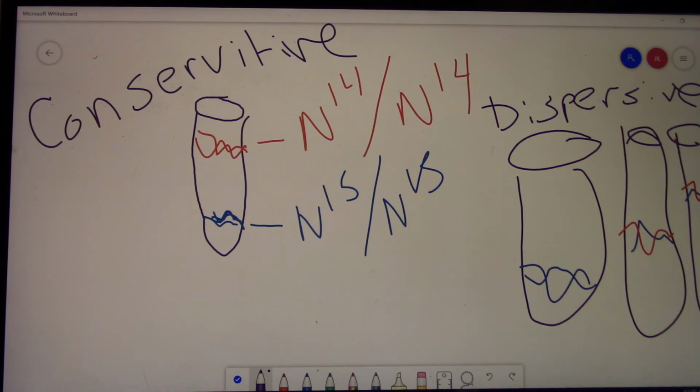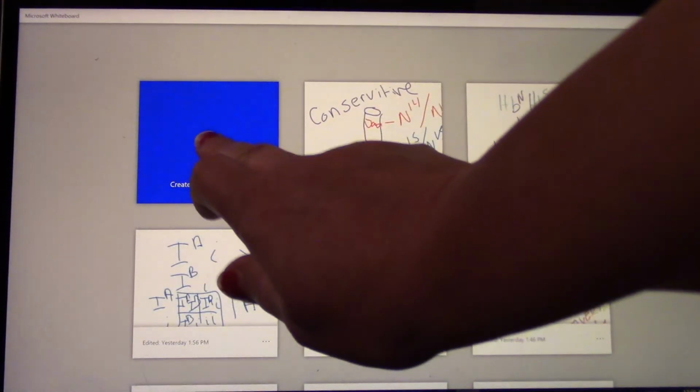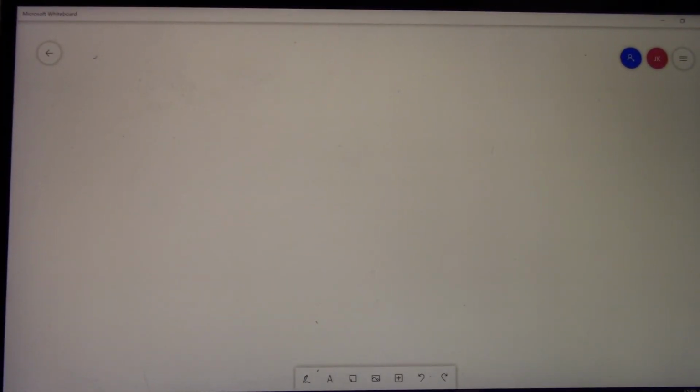So I'm going to open up another page of my whiteboard to illustrate that.